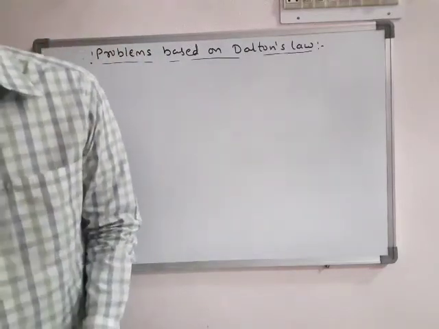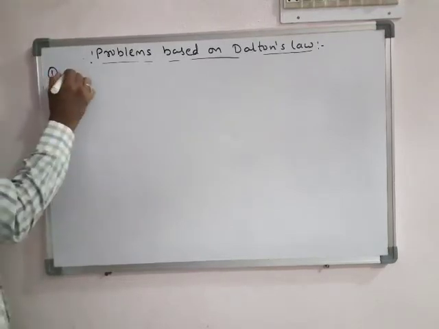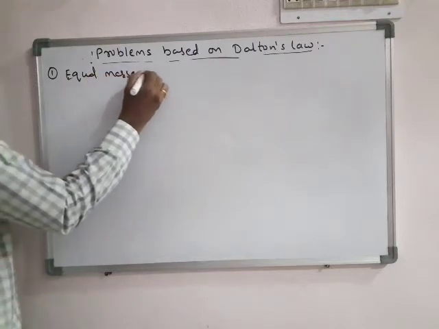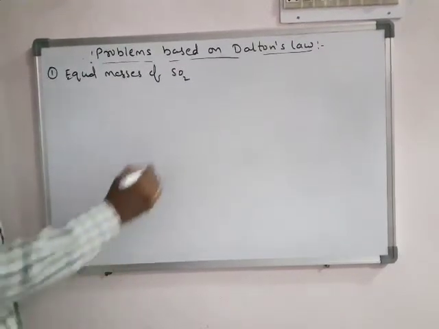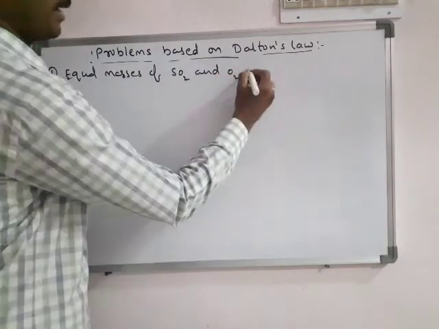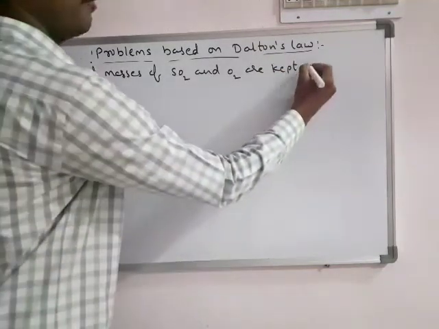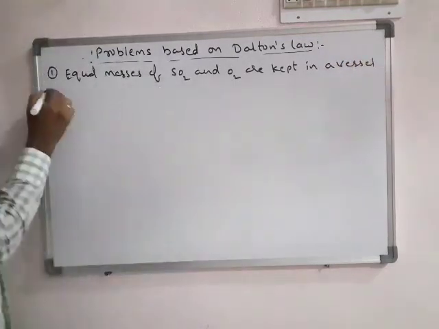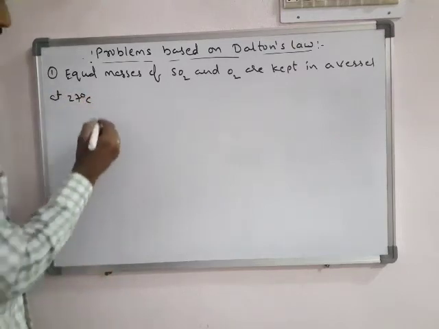Okay, so let's see the first problem. Given that equal masses of sulfur dioxide and oxygen are kept in a vessel at 27 degrees Celsius.